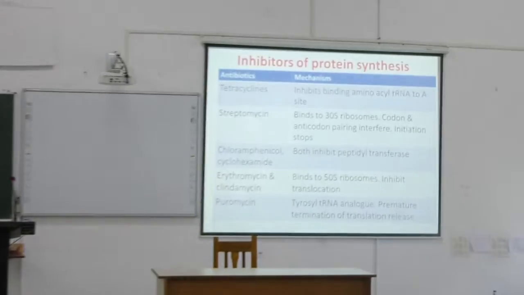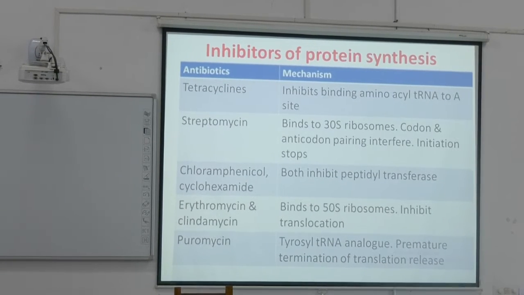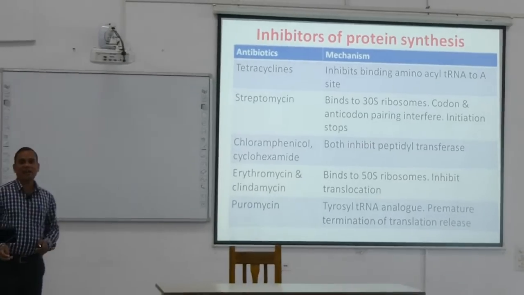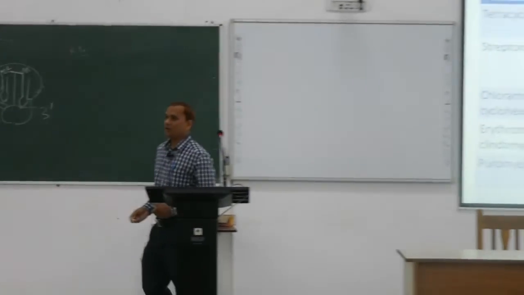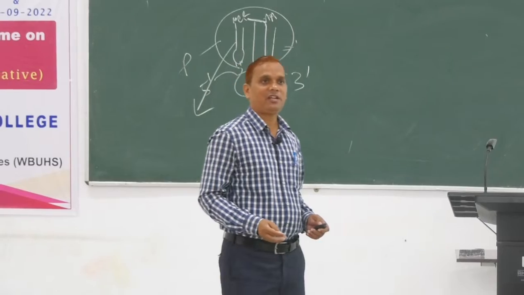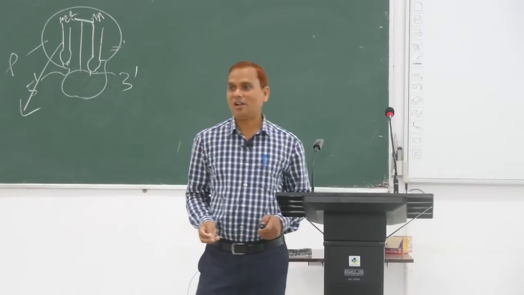Next is puromycin, that antibiotic puromycin. What will happen? It is an analog of tyrosyl tRNA. That means it has the same structure as the activated tRNA. What will happen?